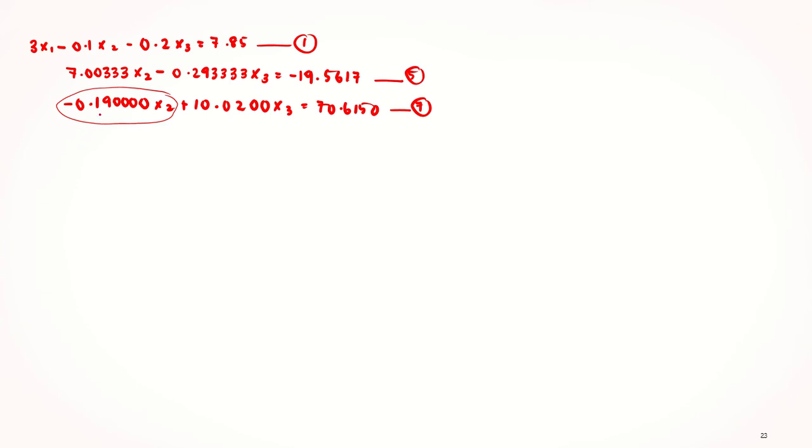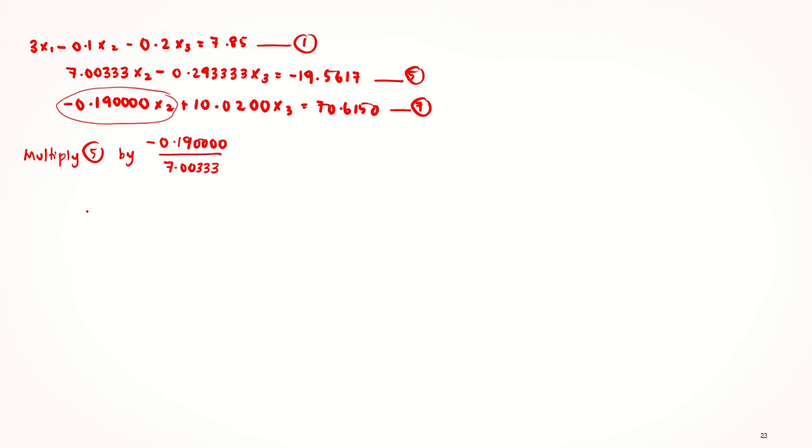So first, what we need to do is to multiply equation 5 by negative 0.190000 over 7.00333 and subtract the result from equation 7.